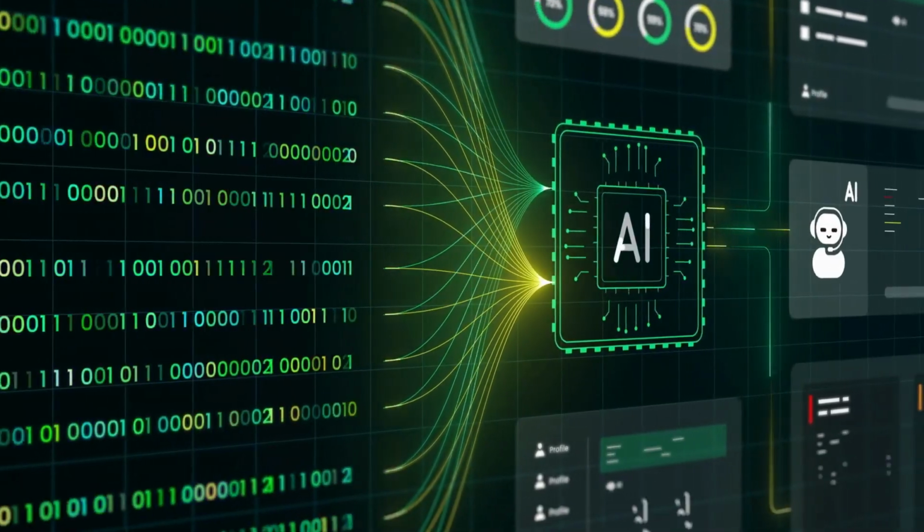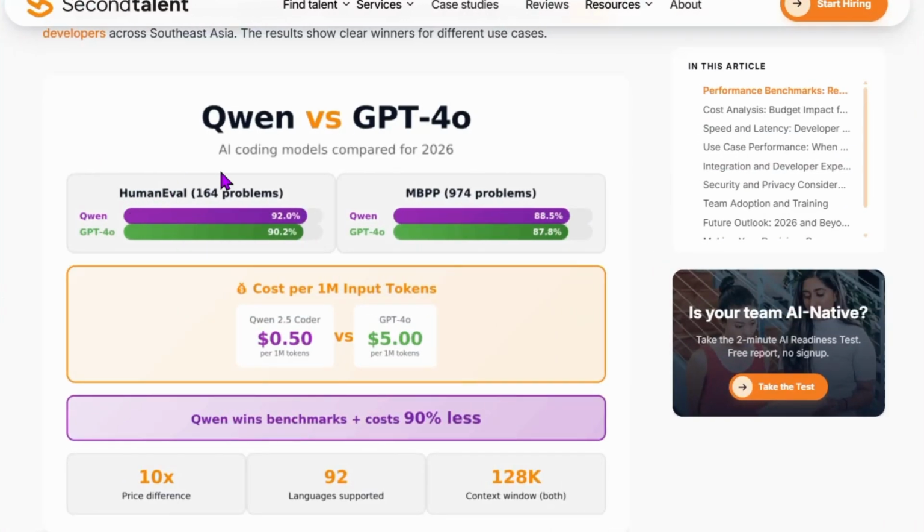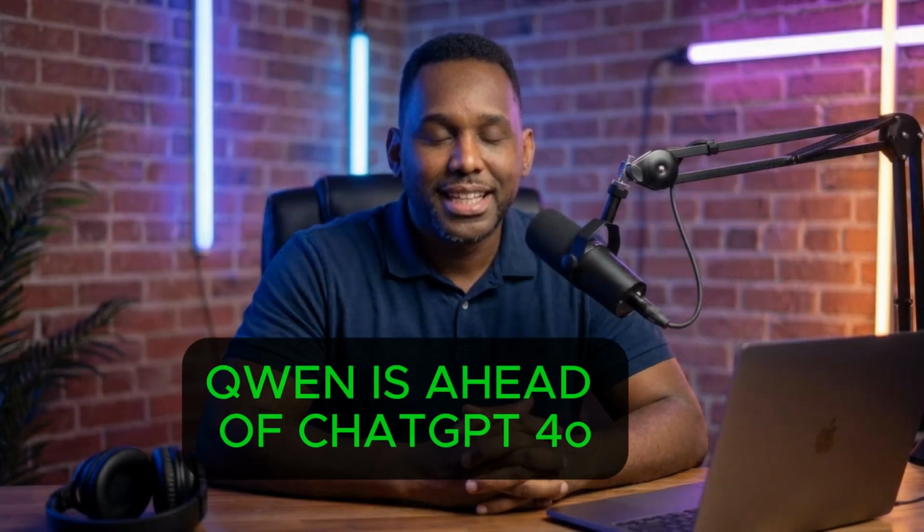And look, open source models have had a reputation problem for a while, the assumption being that free means worse. So let's just look at the actual numbers. Qwen 2.5 Coder scores 92% on HumanEval, which is the standard coding accuracy benchmark. GPT-4o sits around 90%. Independent testing from BigCode confirmed that for bug fixes and routine Python tasks, Qwen isn't just competitive, it's ahead.